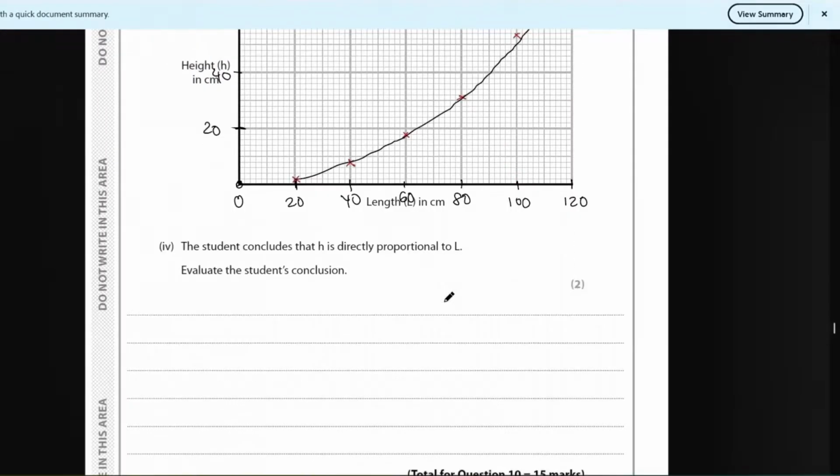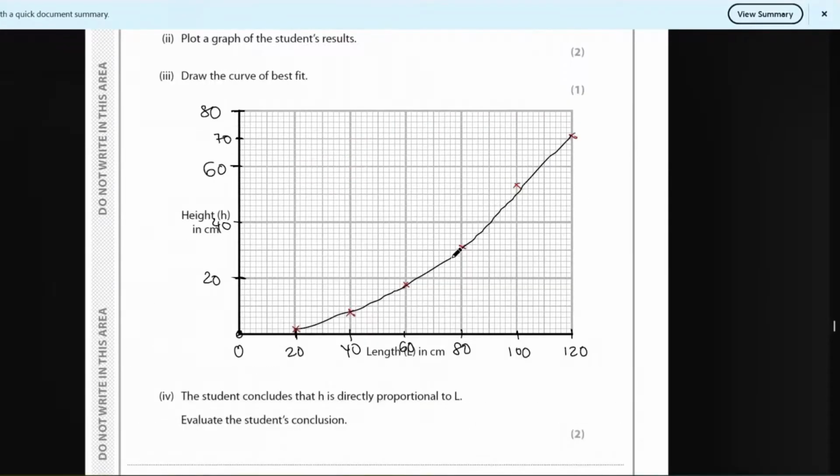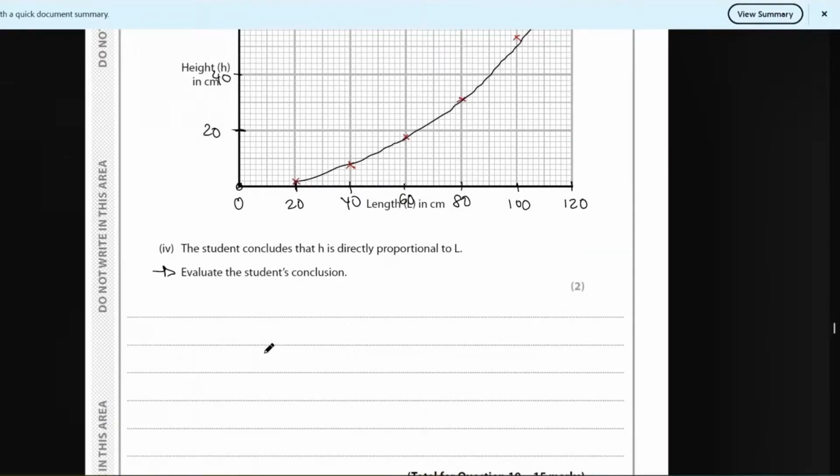Number 4, a student concludes that H is directly proportional to L. We need to evaluate the student's conclusion. For H to be directly proportional to L, we need a straight line. We didn't get a straight line. That means the student is wrong.